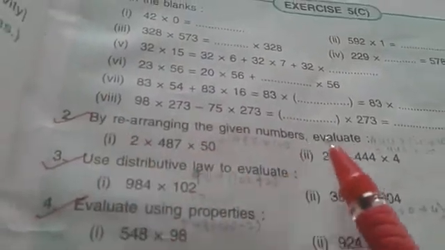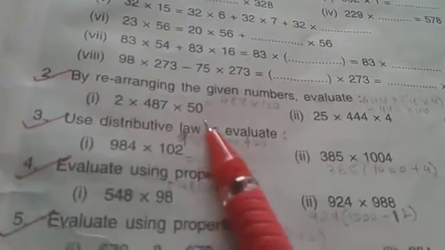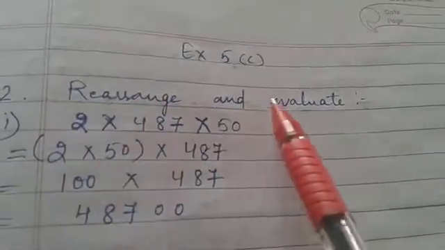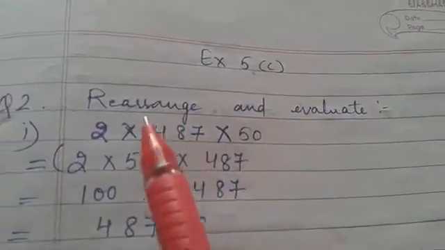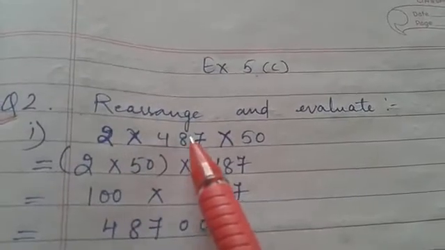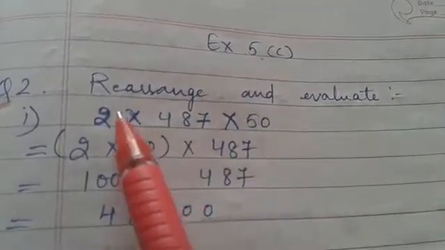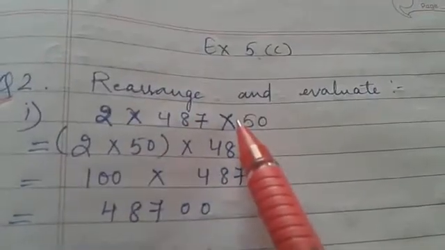Then question number 2. By rearranging the given numbers, evaluate, meaning find out. Rearranging means do smart work. So 2 multiplied by 487 multiplied by 50. I know that when I multiply 2 with 50, I get 100.